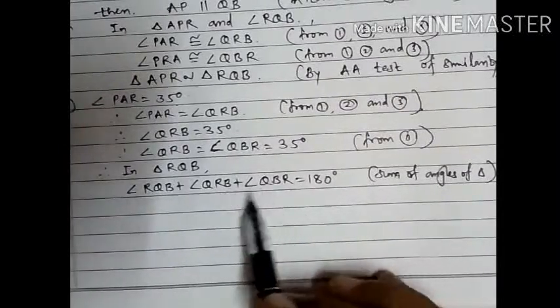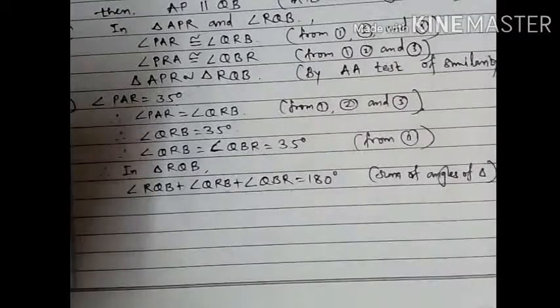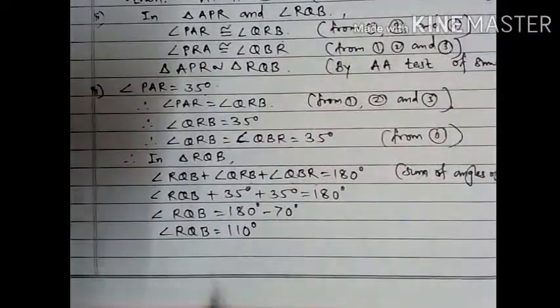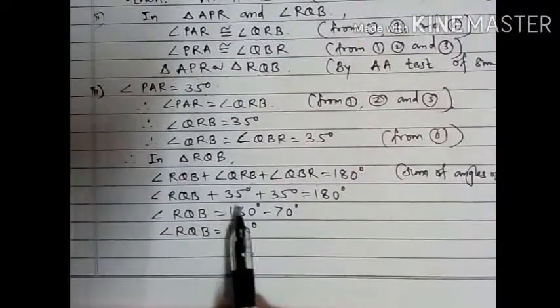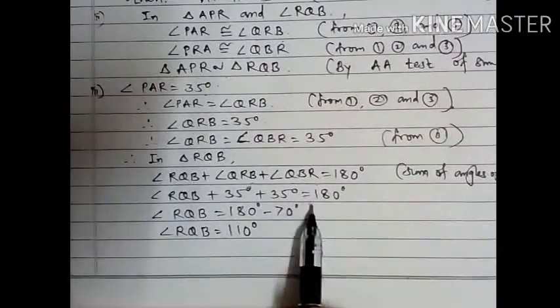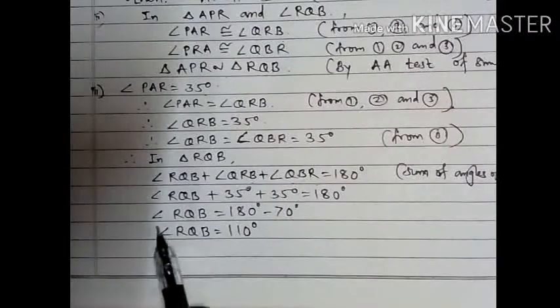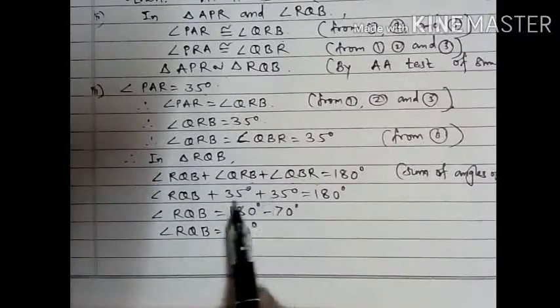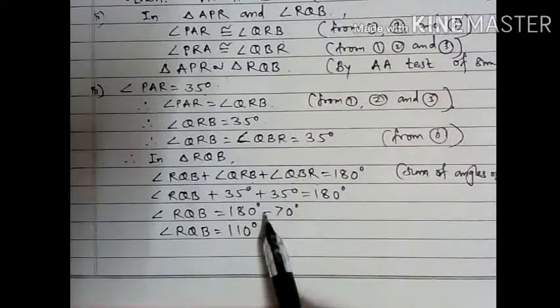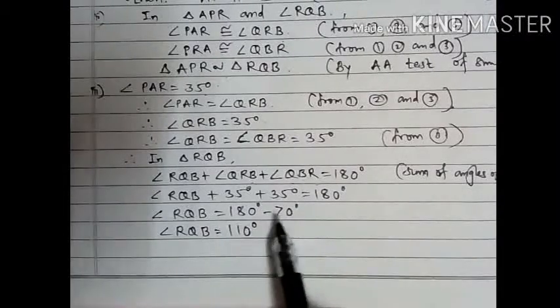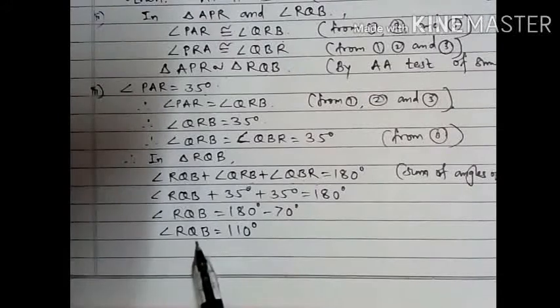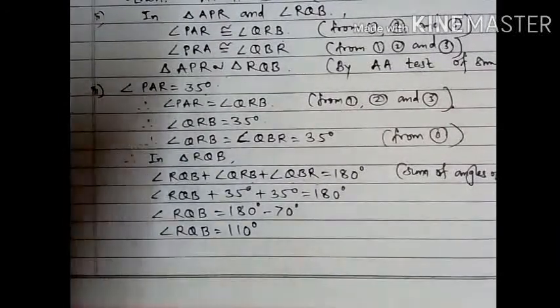Put these values in this equation, then we get the value of angle RQB. Angle RQB plus 35 plus 35 is equal to 180. Therefore, angle RQB is equal to 180 minus 70. Therefore, angle RQB is equal to 110 degrees. In this way, we solve this example.